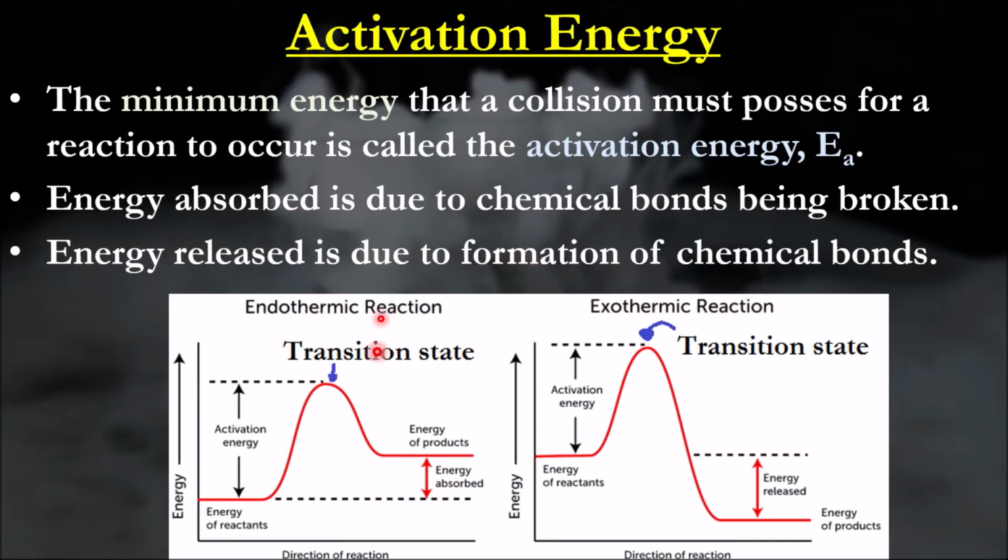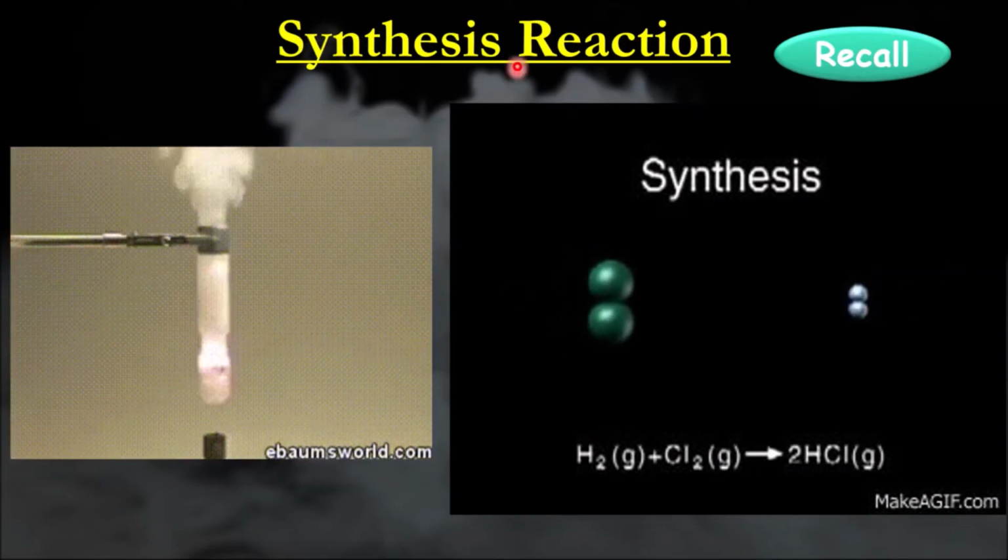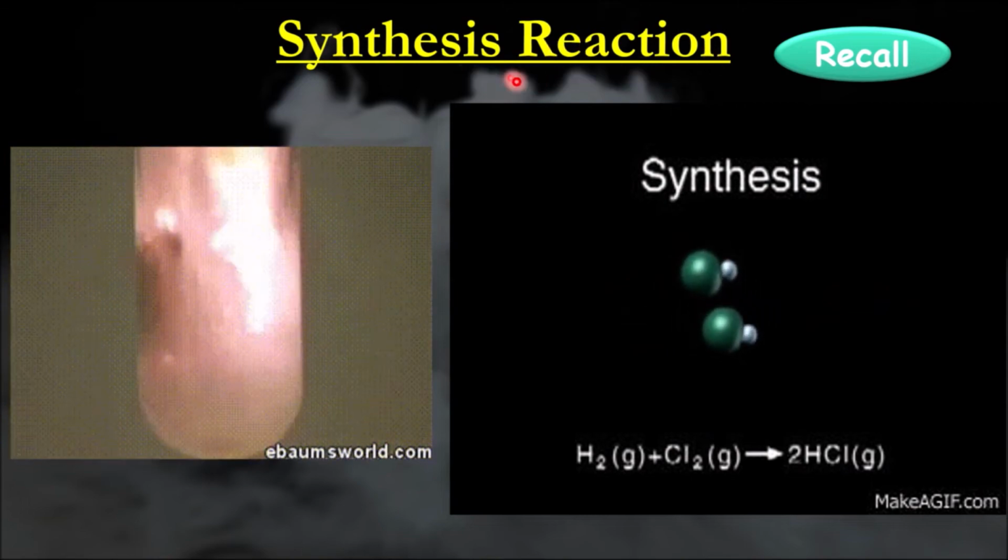This is what we talked about before. The minimum energy required for a successful collision is known as activation energy. A synthesis reaction represents an exothermic reaction where energy is released after the two particles form into one. Okay, so let's get back to the concept of synthesis.